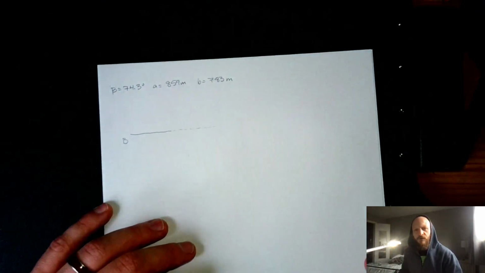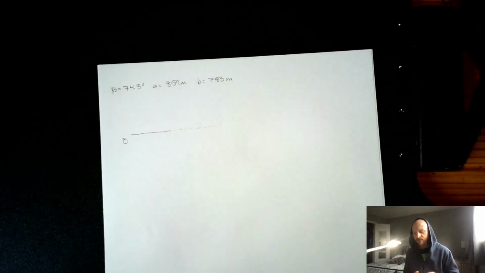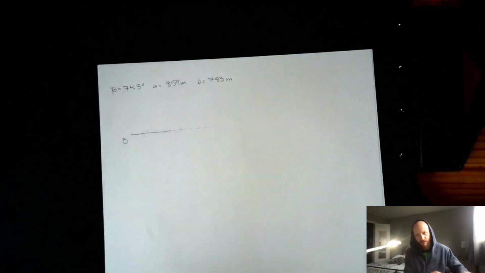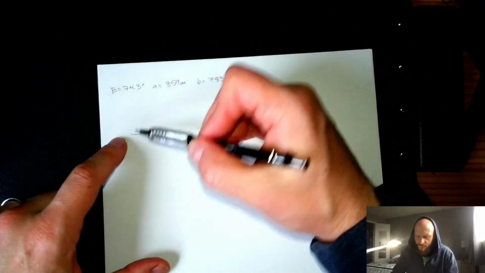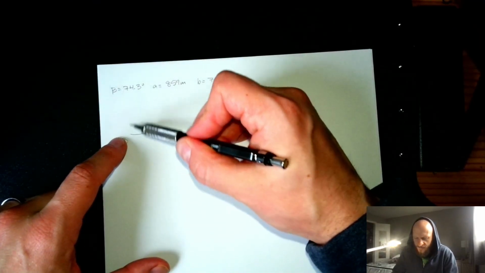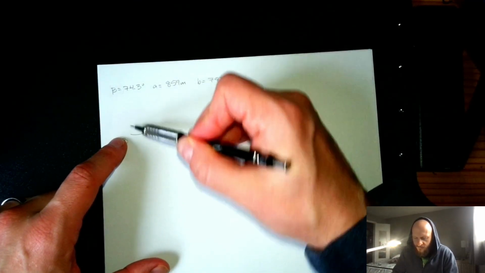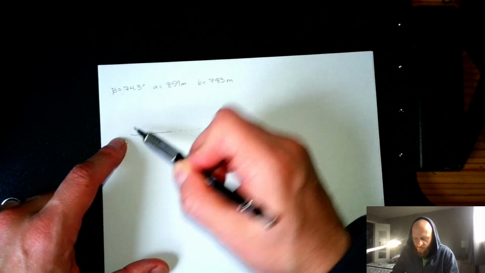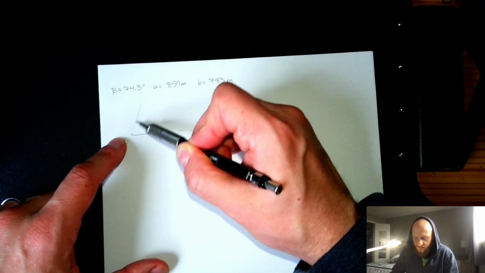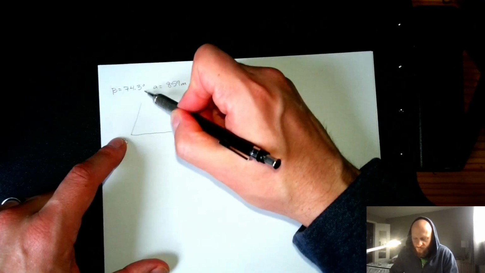So here's angle B over here. I always prefer whatever angle I'm given, I want to put it in the bottom left. It's just easier for me. 90 degrees is obviously perpendicular, and 74 is somewhere like this.